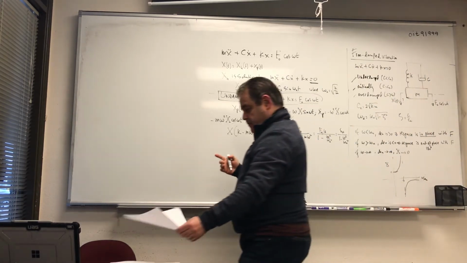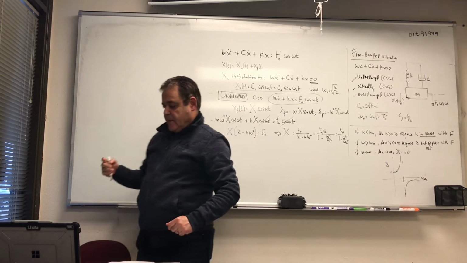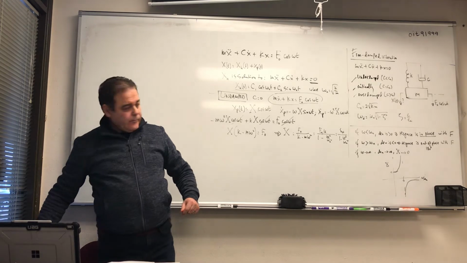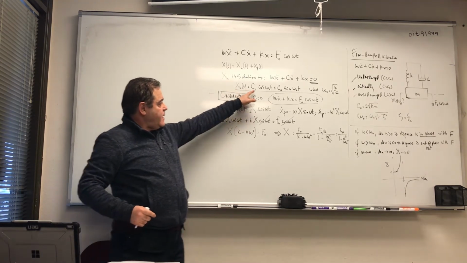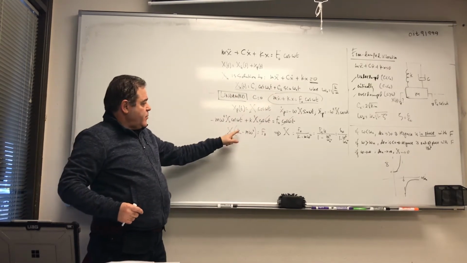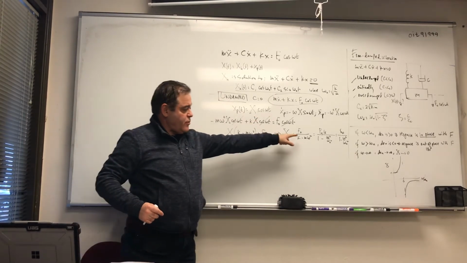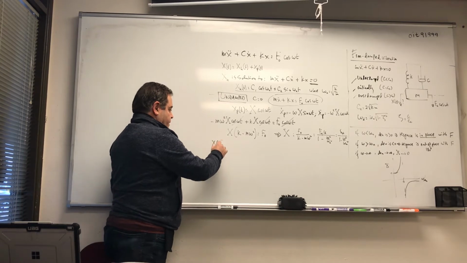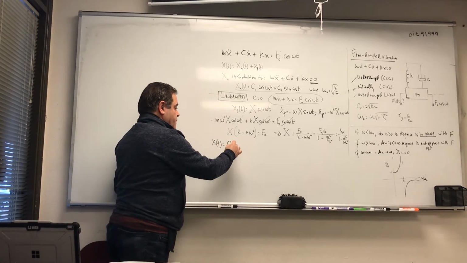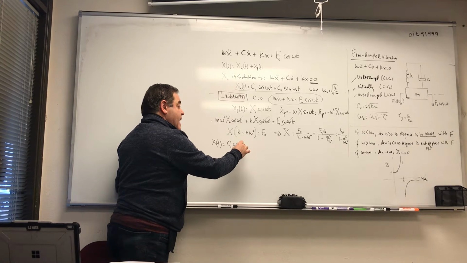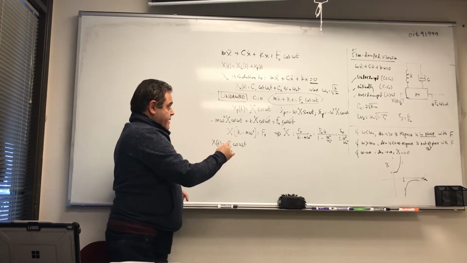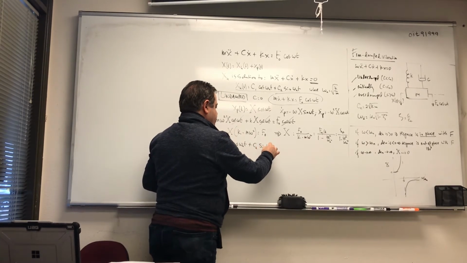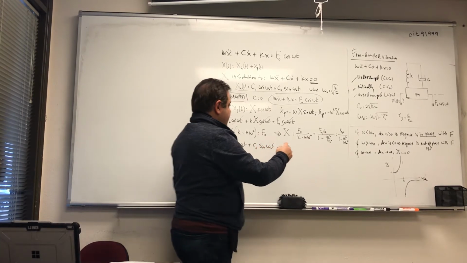Now, there is one additional step we have to talk about. Here we talked about the homogeneous solution. Here we talked about the particular solution, right? So the total solution will be what? Both of them together, meaning C1 cosine omega n t plus C2 sine omega n t plus xp.